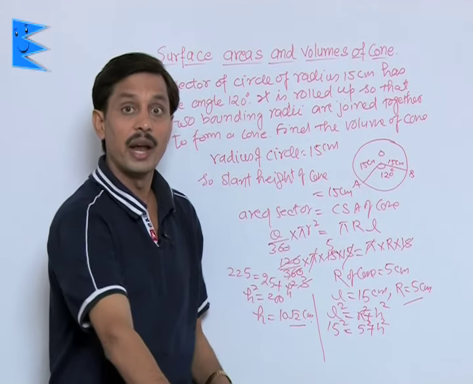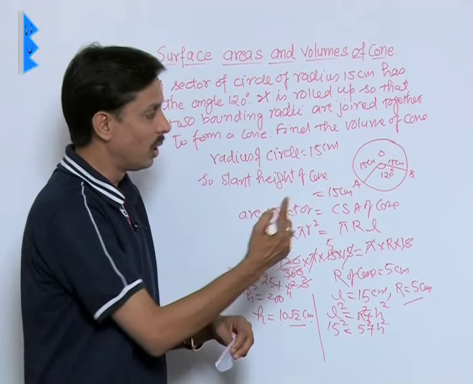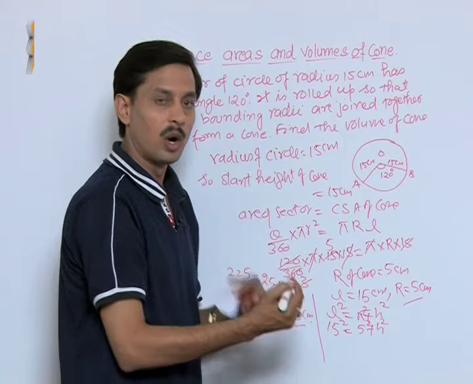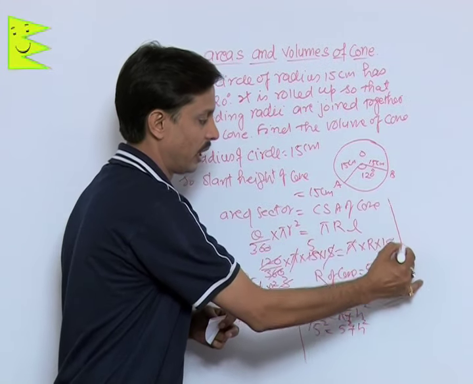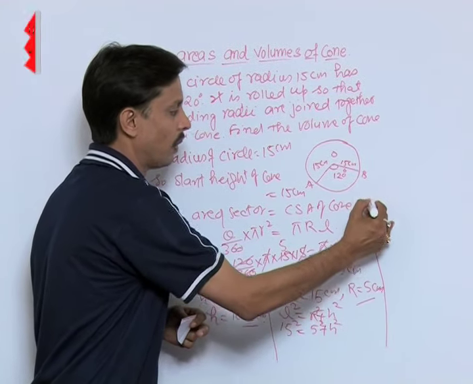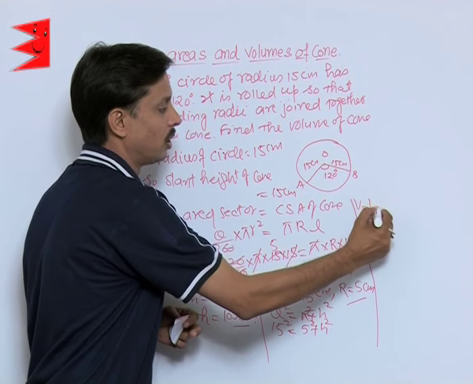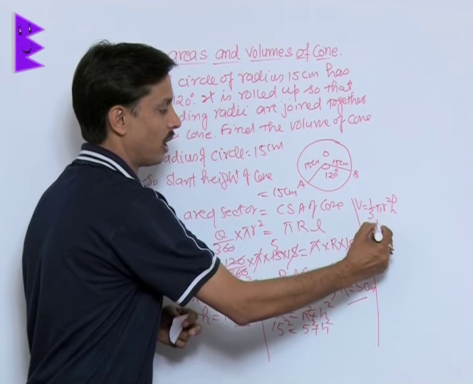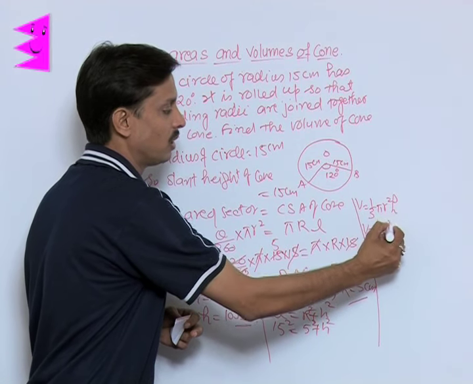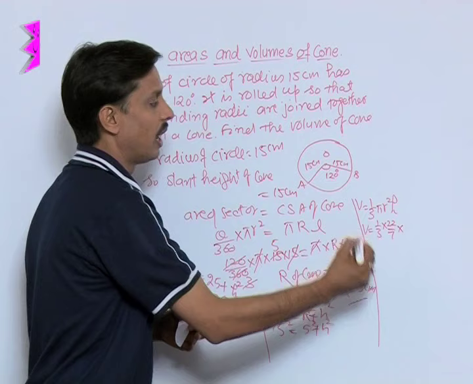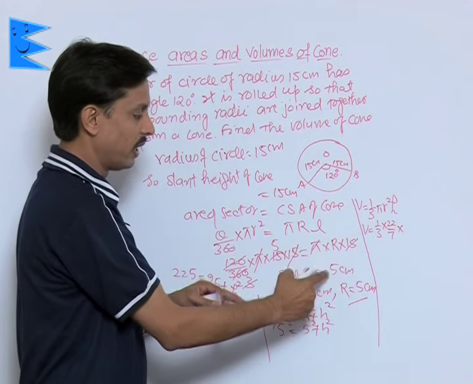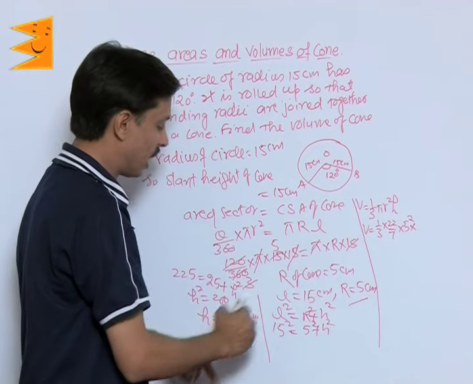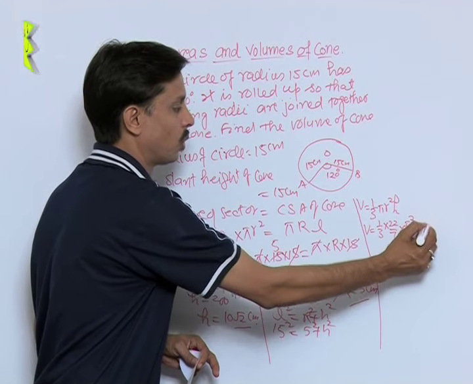So to calculate its volume, what we will do? I will give you calculations here. That is the volume of cone. I can say that volume of cone is 1 by 3 pi r square h, which becomes 1 by 3 pi means 22 by 7 and r square, radius of the cone is 5, its square, into height it is 10 root 2.